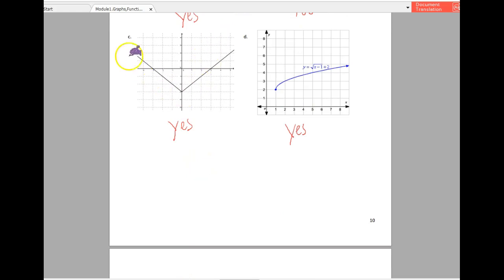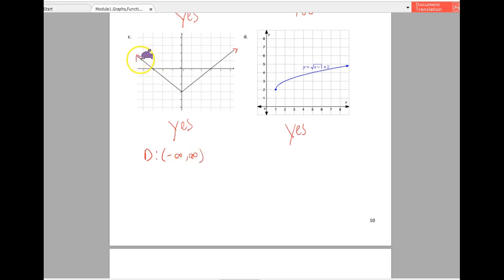Let's go down here to this absolute value equation. I can just recognize it by its V shape. The domain is how far left and right. Again, I'm going to imagine this is extending forever. So it's going to go right forever, it's going to go left forever, it's going to hit all the x and y values.